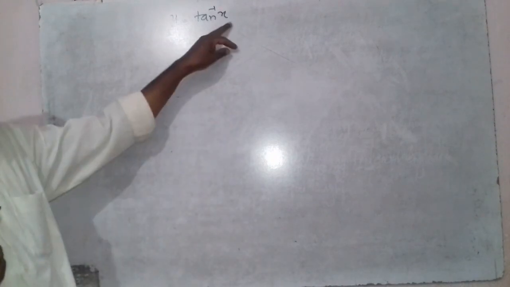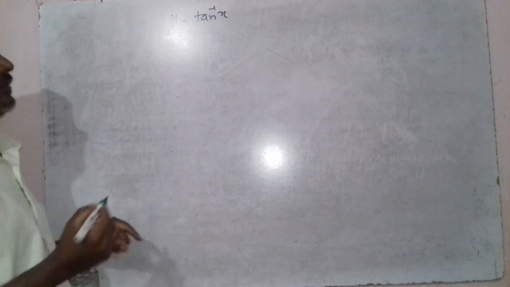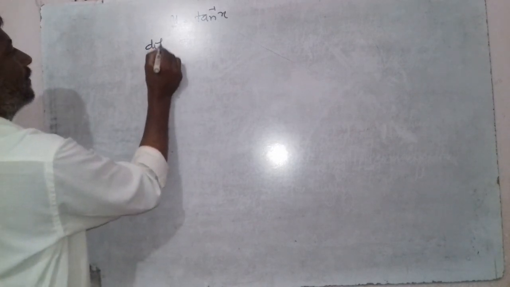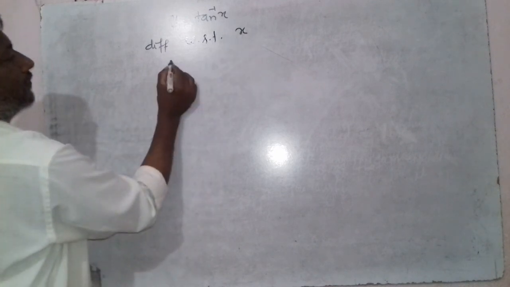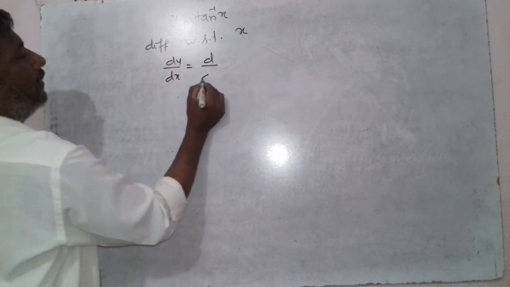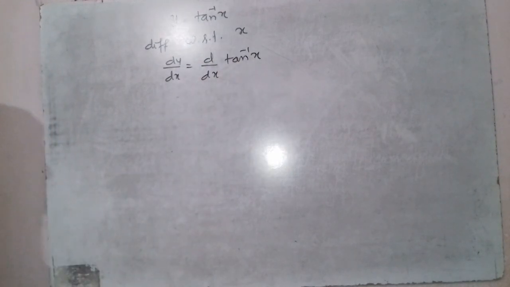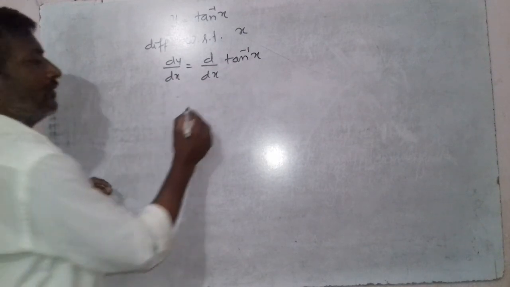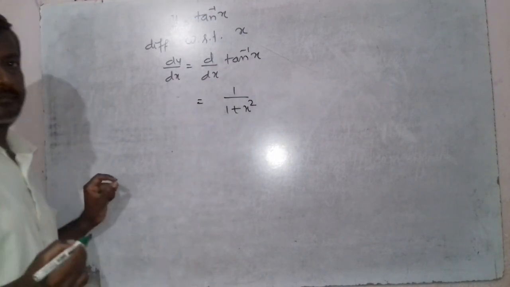So to find the second derivative of y equal to tan inverse x, first differentiate with respect to x: dy upon dx equals the derivative of tan inverse x. You know this one, 1 upon 1 plus x square.